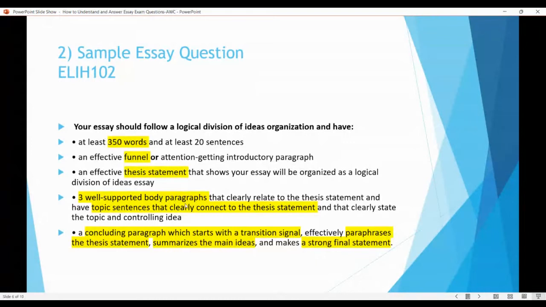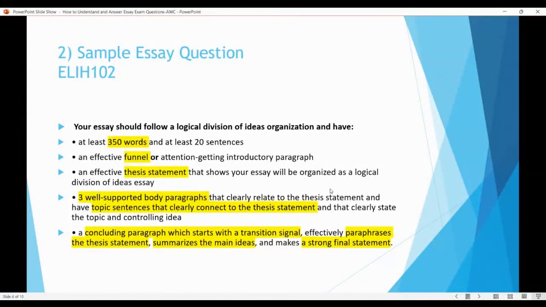Now, another bulleted item is three well-supported body paragraphs that clearly relate to the thesis statement. Whatever you say in the body paragraphs should be closely linked to the thesis statement.